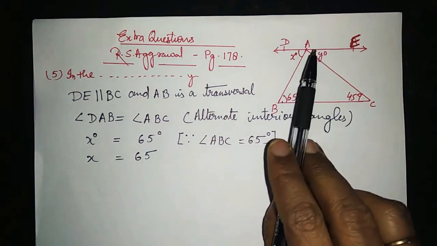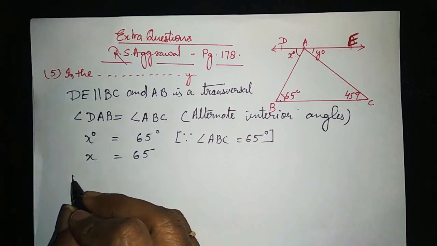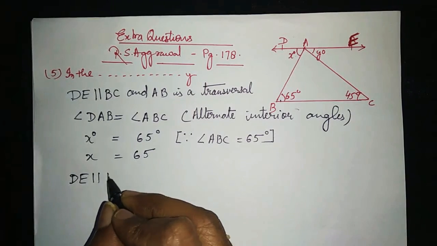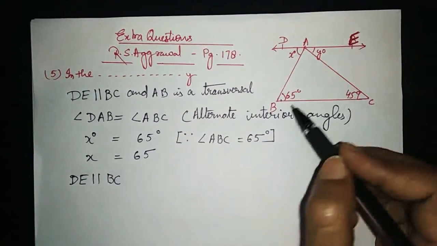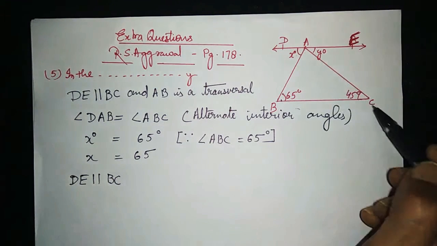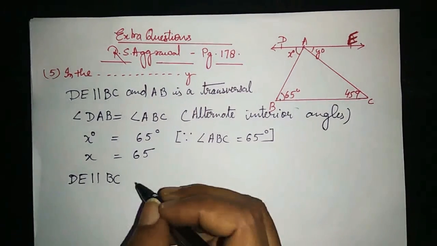For this we will take again the line DE is parallel to BC, but for this angle we will take AC as transversal. Okay.